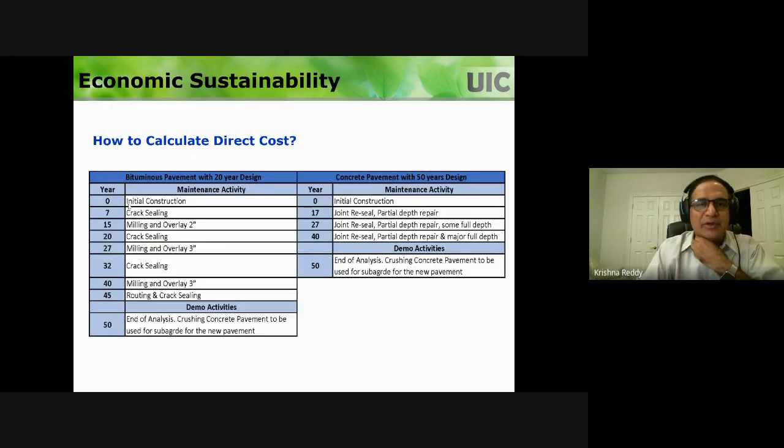So now economic indicators. You need to calculate these costs for each of these alternatives. During year zero, you have initial construction costs, and then you look at the maintenance. So you need to look at the entire life cycle and what it takes to construct.